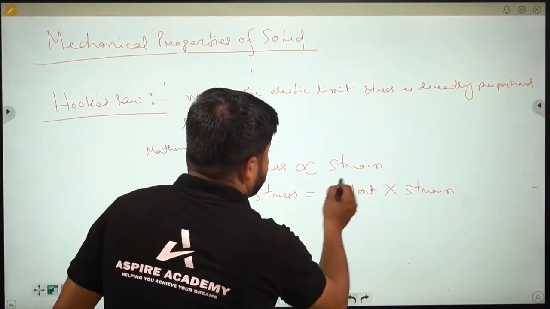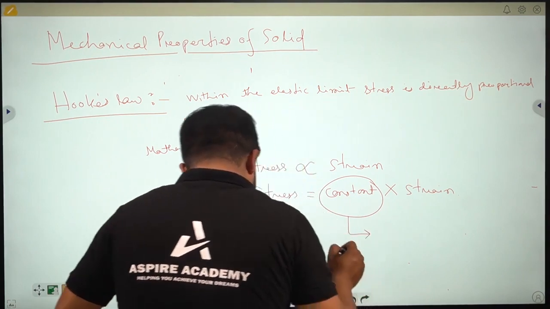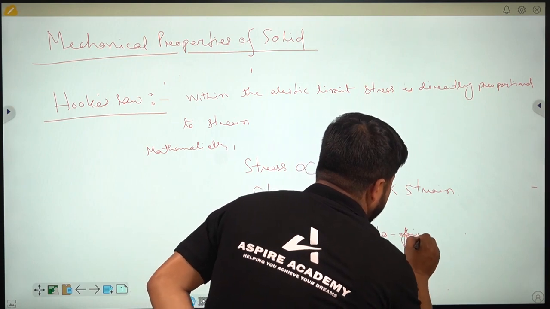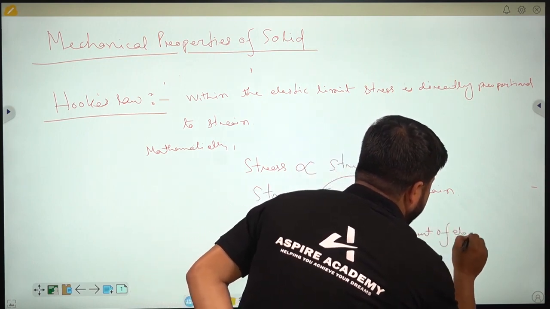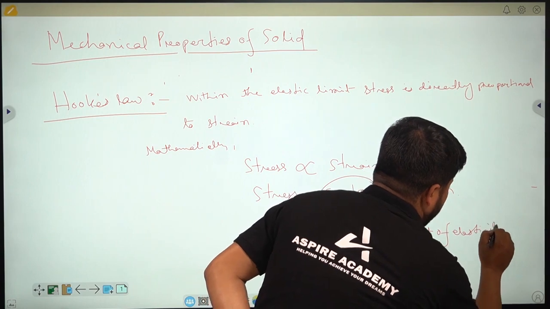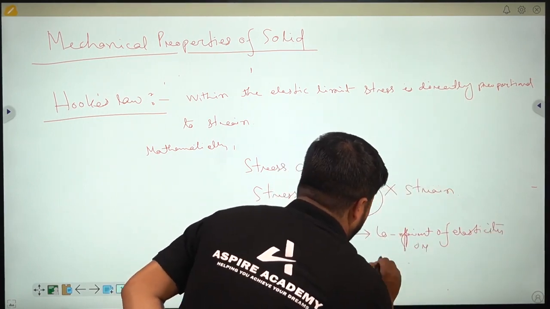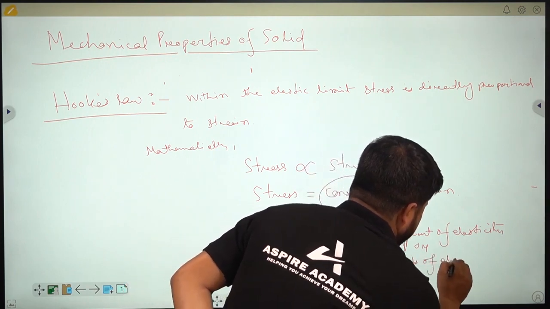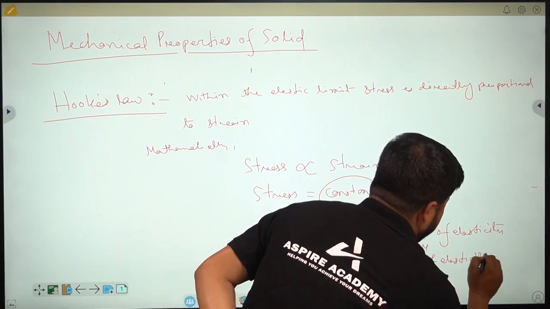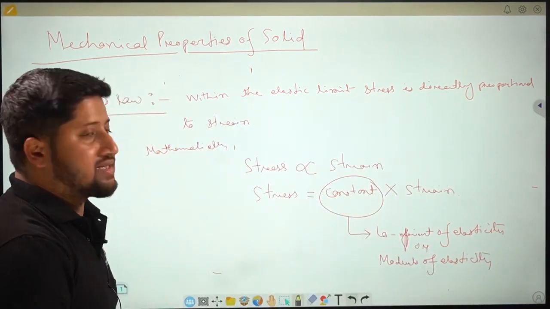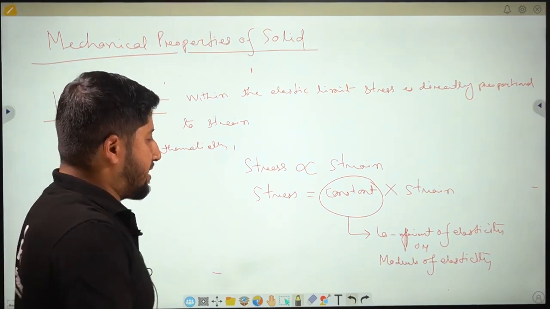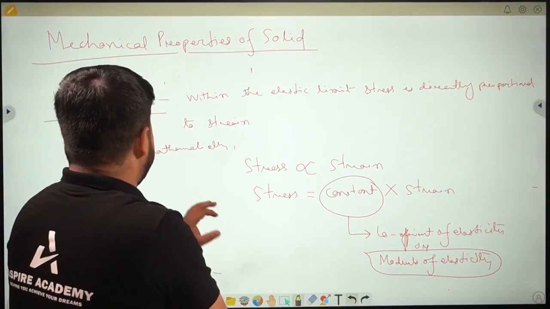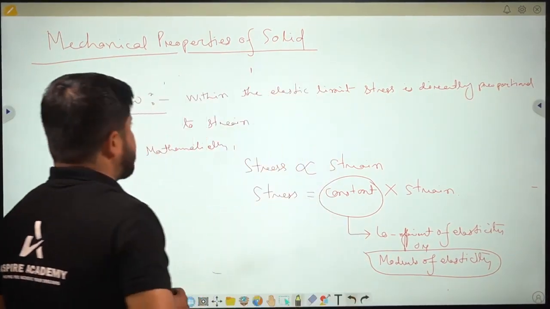This constant is called the coefficient of elasticity, or the modulus of elasticity. This is very, very important. The modulus of elasticity is a perfect term to express Hooke's law.